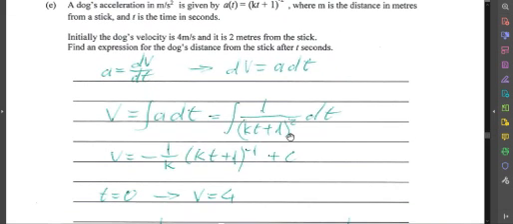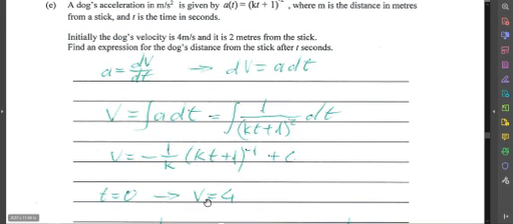That means I put it underneath, or I keep it as it is, and that's how I differentiate it. Kt plus 1 differentiated gives k. So when I differentiate that, that's why I need to divide by k here, or times by 1 over k, because when I differentiate that, I'll get a k in front. All right? Cool. Plus c.